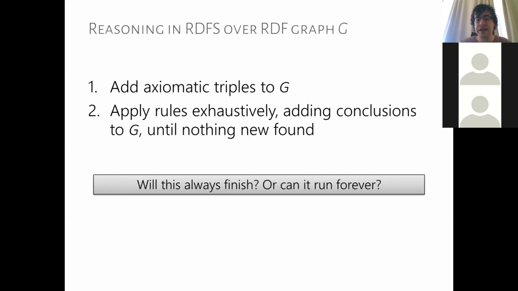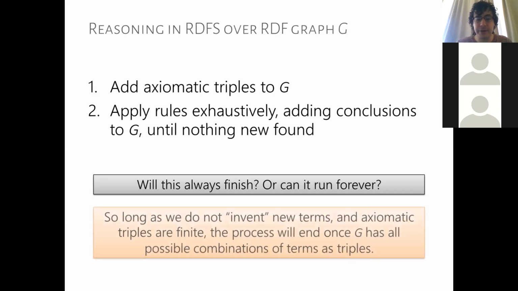So the question then is, will this always finish, or can it run forever? If we think about it for a bit, G is fixed. It has an arity of 3, which means that it consists of triples. So at some point, if we don't create new terms, for all the terms that we have, we must finish when we essentially have every combination of those terms times 3, right?